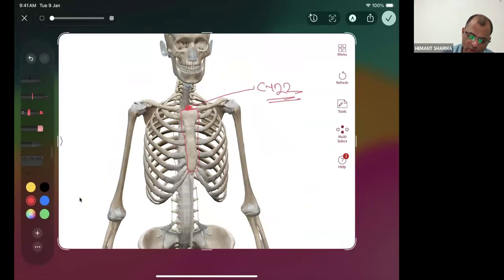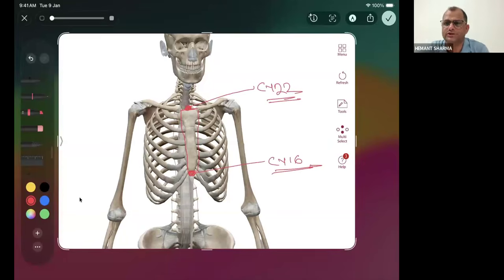The point at the lower border of the sternum bone is CV16, and the point in between the nipples is CV17. You may get a little confused because CV16 and CV17 appear far apart.